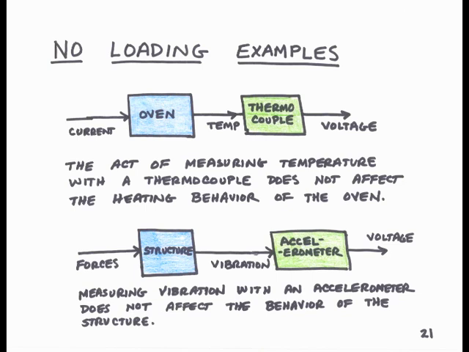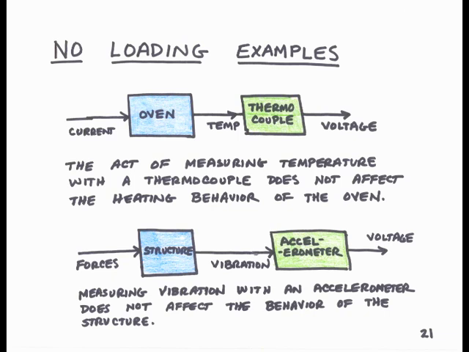Let me introduce some examples where loading is not present, and that will give you a better idea about what we mean by loading. Let's take the example of an oven. The input to the oven might be the current that's supplied to the heating element, and the output of the oven would be its temperature. We might think about interconnecting the oven system with a thermocouple, which will measure the oven's temperature.